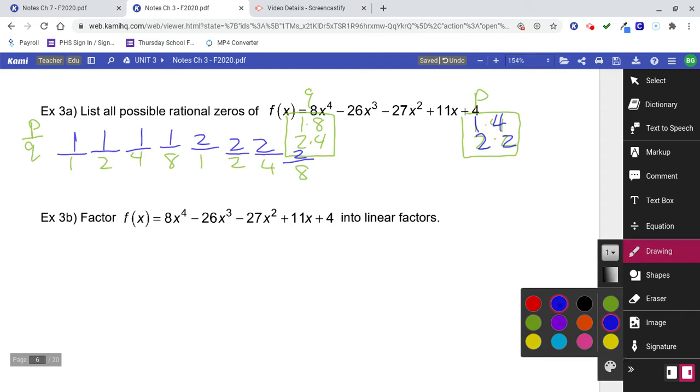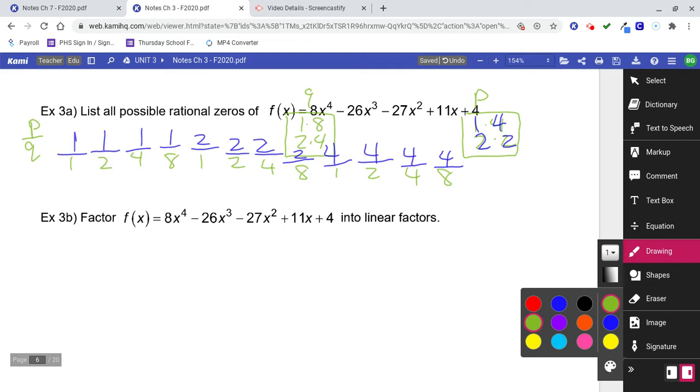And keep going. You've got 4 over 1 and 4 over 2 and 4 over 4 and 4 over 8. Each of the blue numbers, each of the p numbers divided by each of the q numbers. Now, you might notice if you reduce those fractions, some of them are going to be the same.